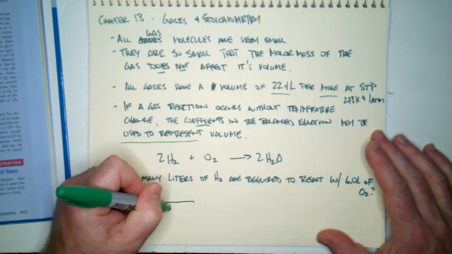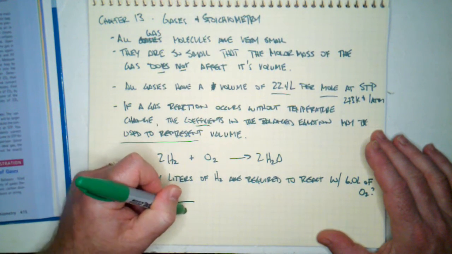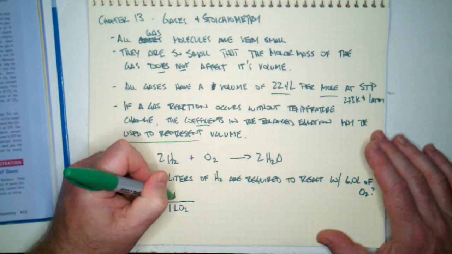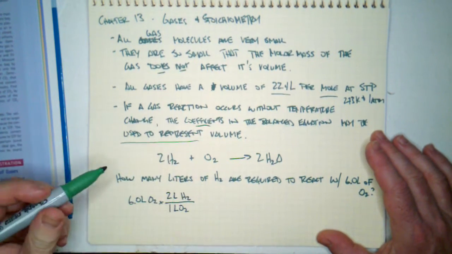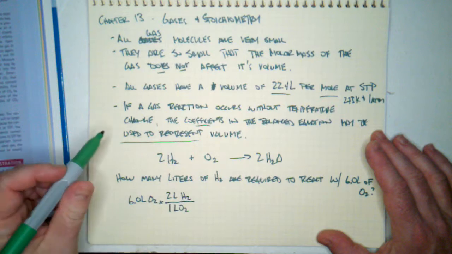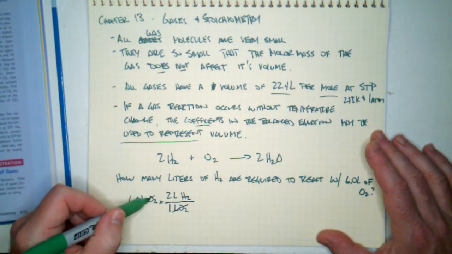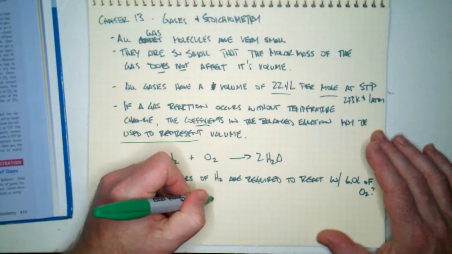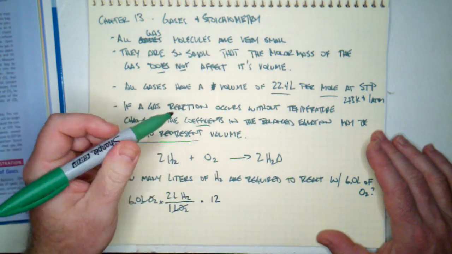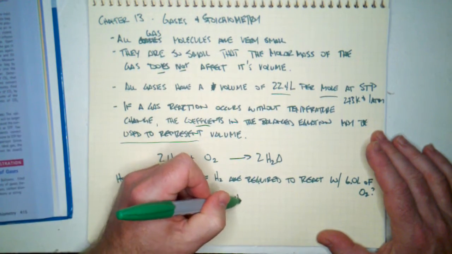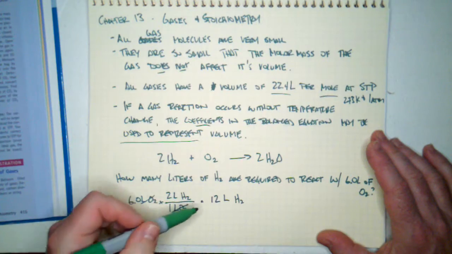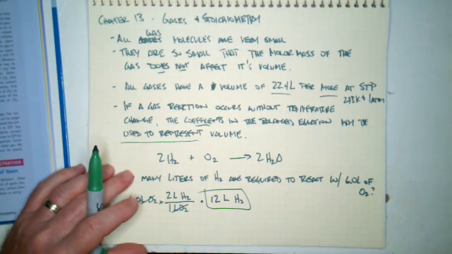So, 1 liter of O2 requires 2 liters of hydrogen. Look, liters of O2 cancel. 6 times 2 equals 12 liters of hydrogen gas. So gases are your friends.